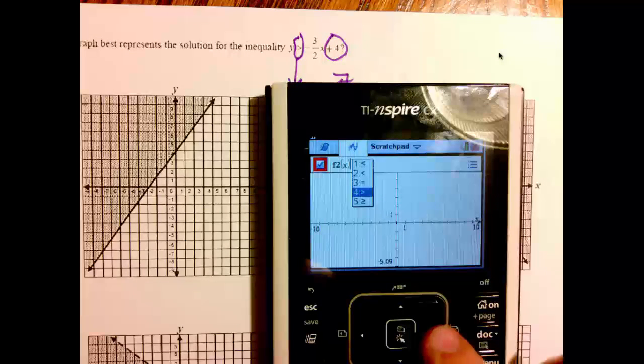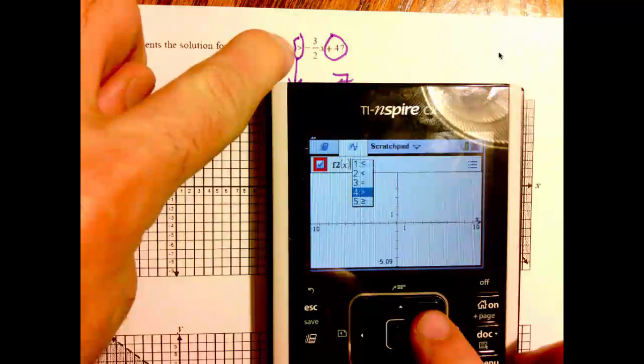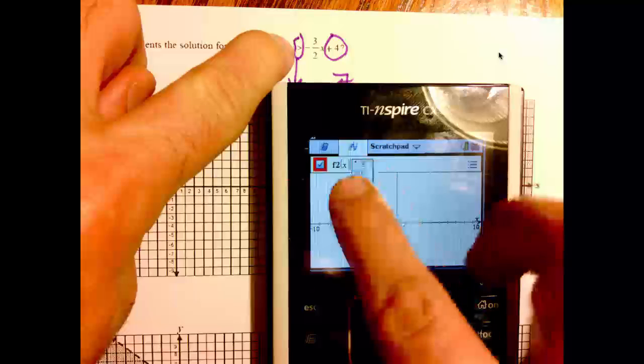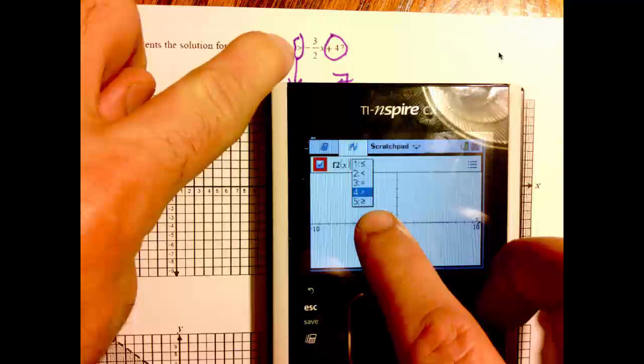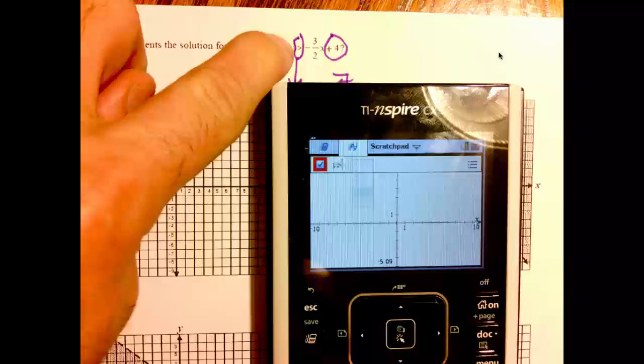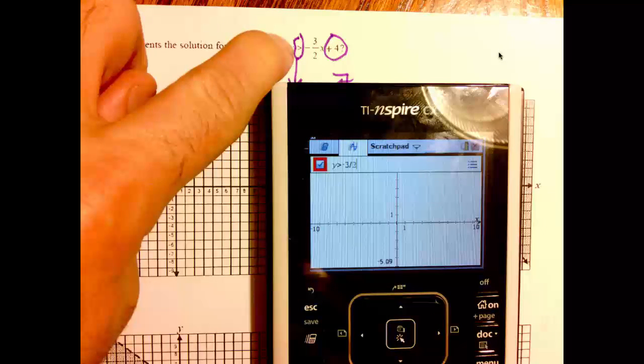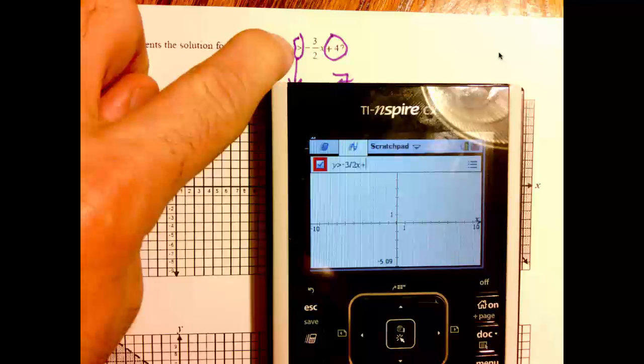Alright, I'm on F2. I can go ahead and graph this. I want to get that inequality. Notice I've deleted my equal sign and it brings up this menu for the inequality. I want to select number 4, the greater than. Okay, now negative 3 divide 2 x plus 4. I'm going to hit enter.